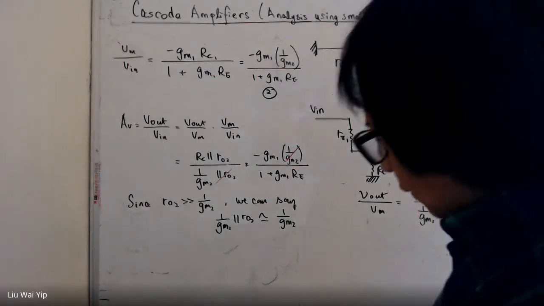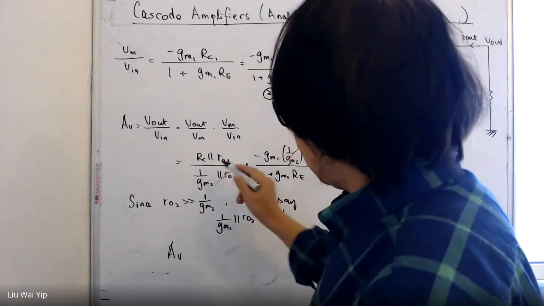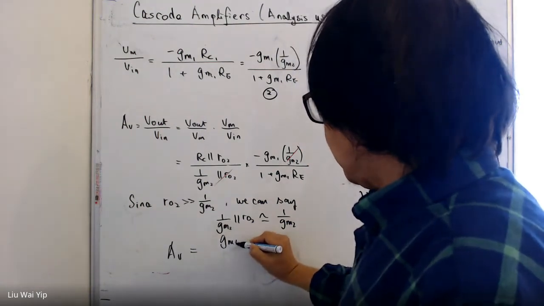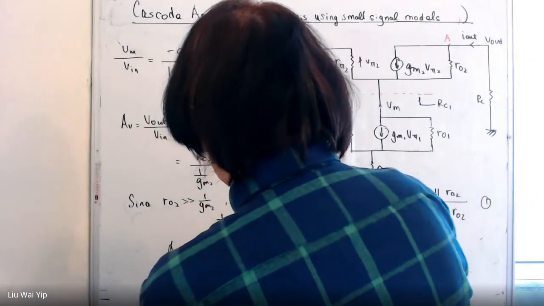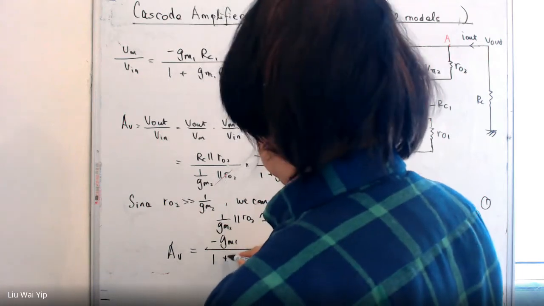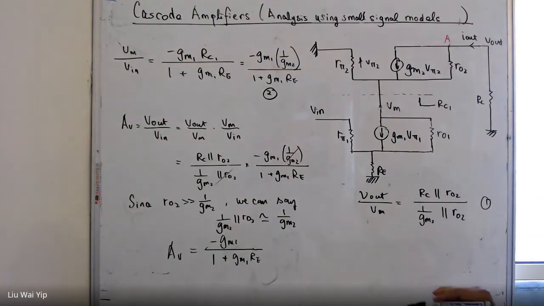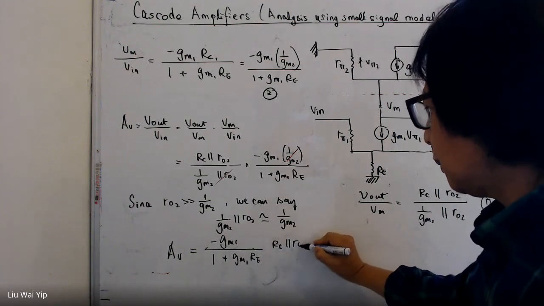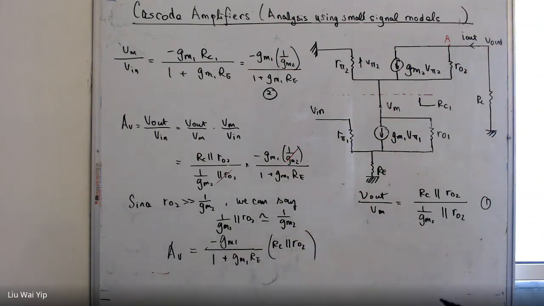So eventually, what you end up with here is the voltage gain being equal to Gm1 divided by this guy and multiplied by RC2. So you may just assume the bracket expression here as the output resistance.